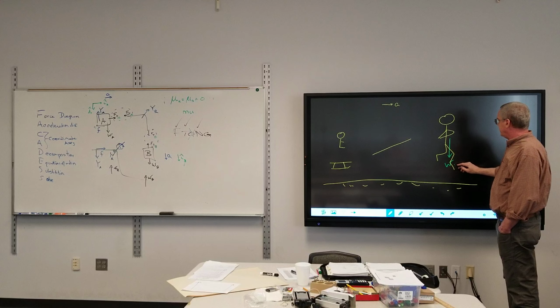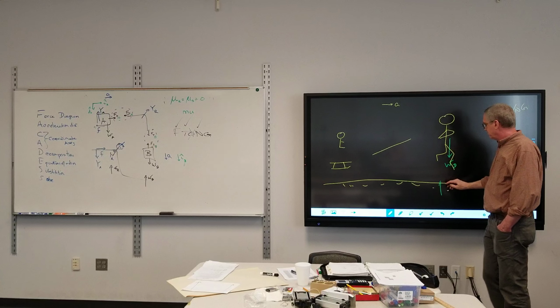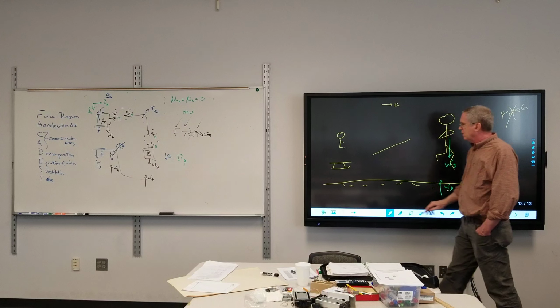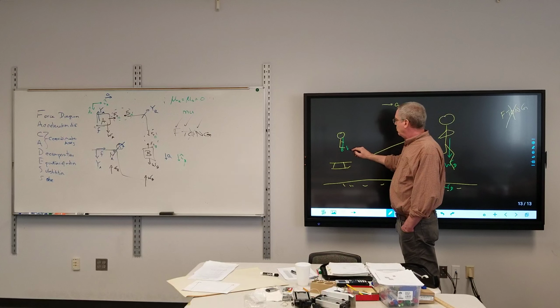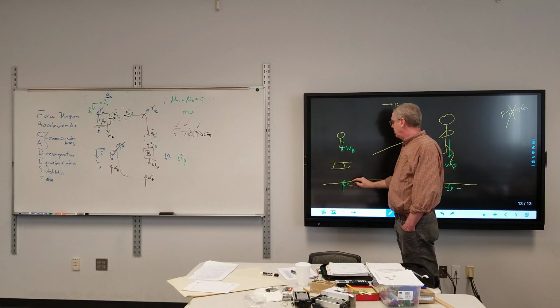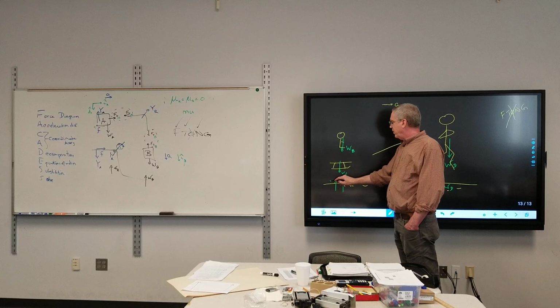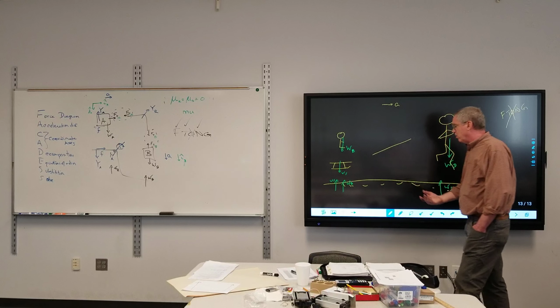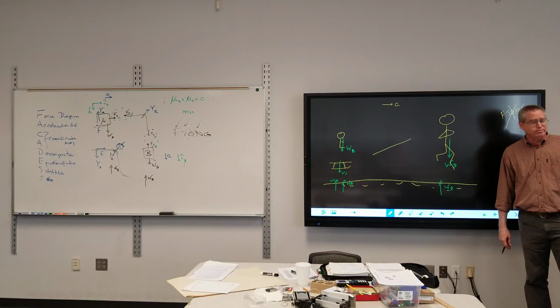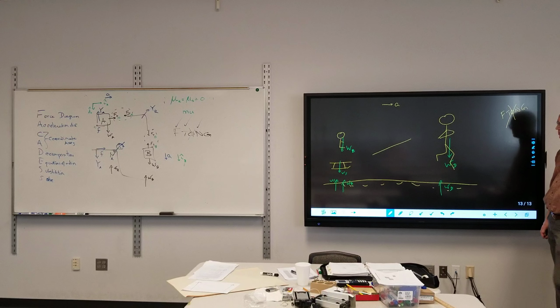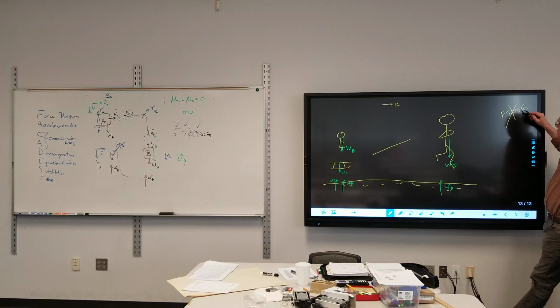I have weight of dad, weight of son, B for boy, weight of boy, weight of sled. And if you did weight of rope, I wouldn't take off for it, but ideal rope. All right, weight is done.